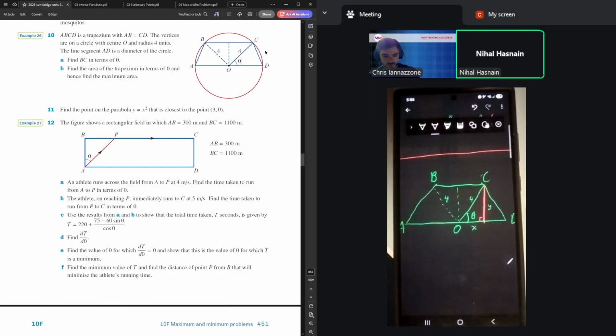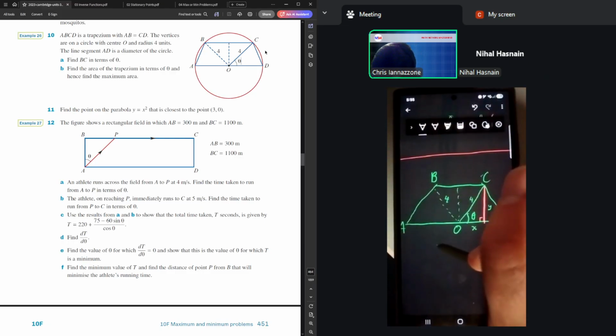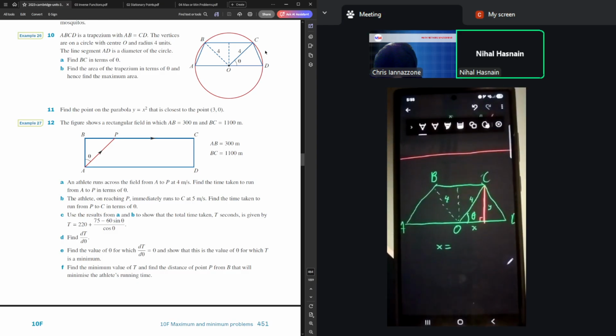Oh yeah, we can just find x then. So x will be cos theta.